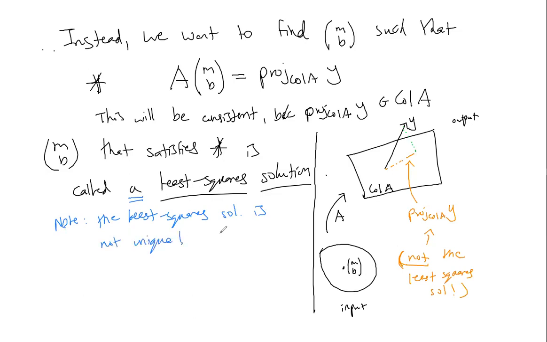Why is it not unique? Well, we're solving a linear system here. And so when do linear systems not have unique solutions?